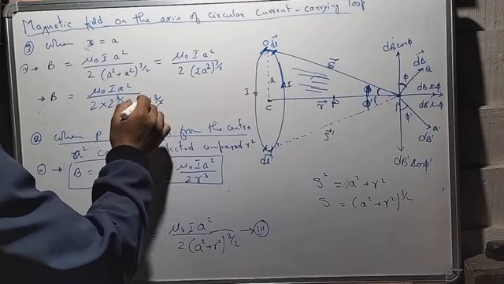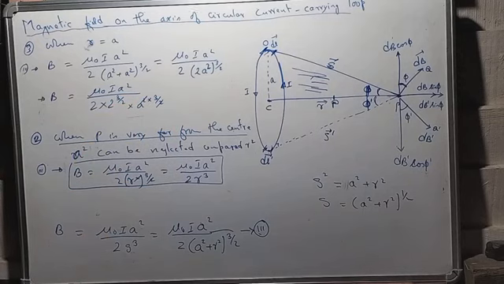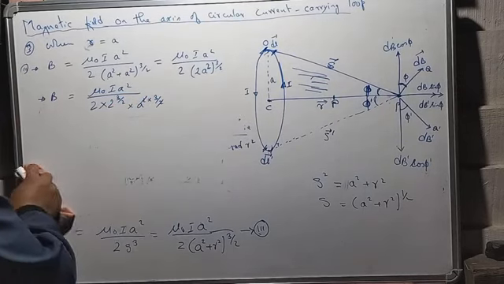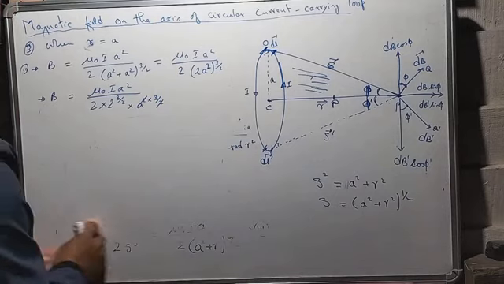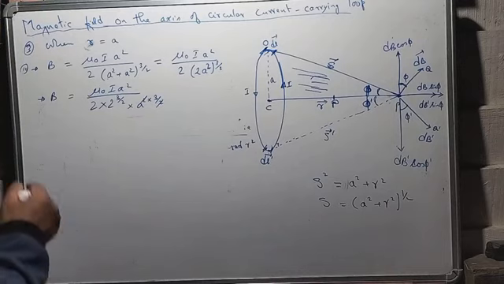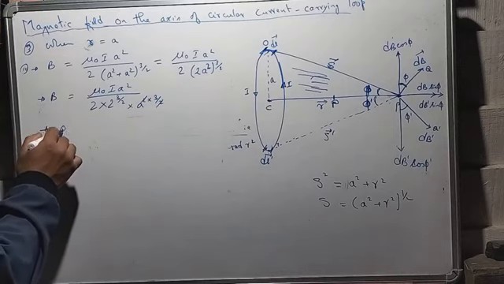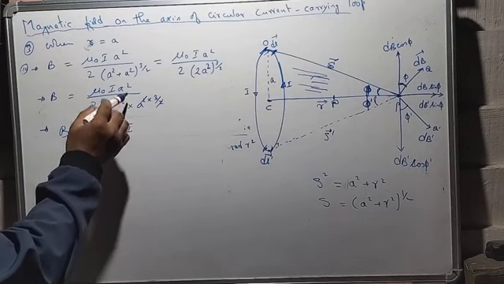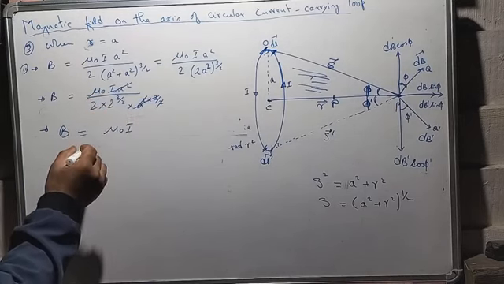Now this 2 with this 2 cancels. Then what you'll have here is B equal to mu naught I. This a square now with a cube can be cancelled.